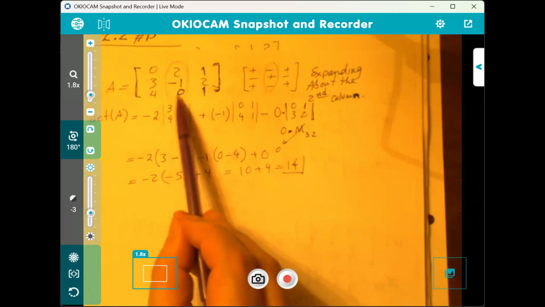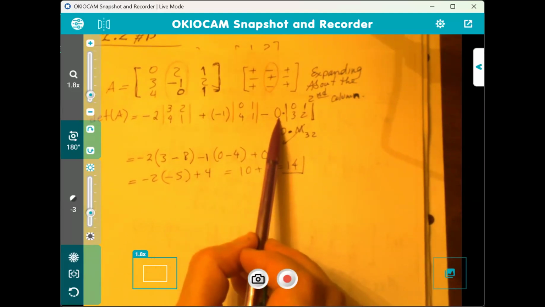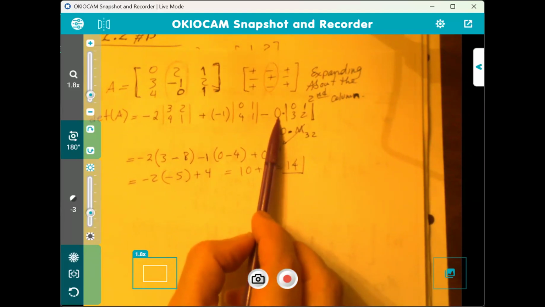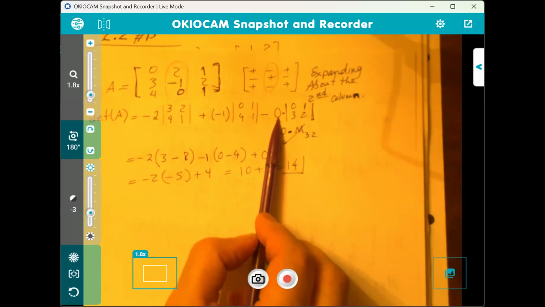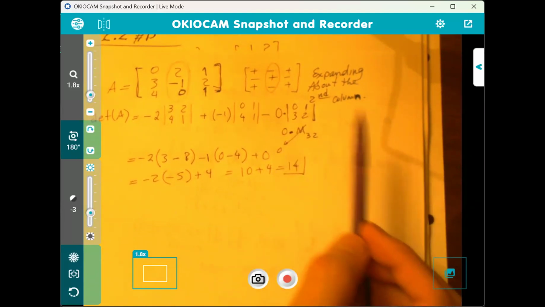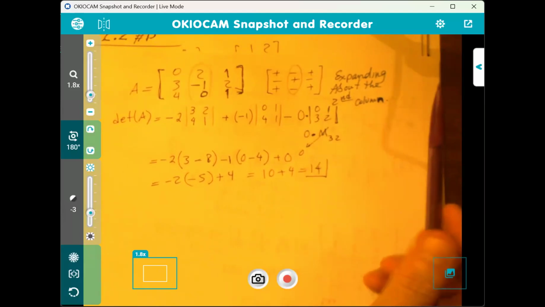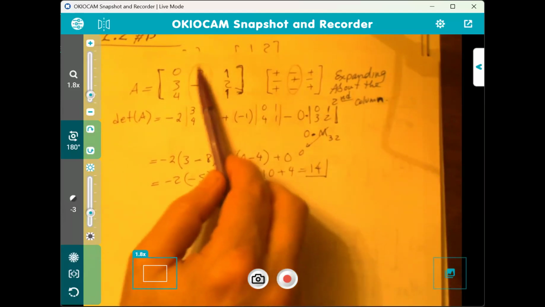Right, it's because of the 0, right? So if we were to do this by hand, you want to expand about the row or column with the most number of zeros. Because for those elements, you don't even have to find the minors. You just say, oh, that's just 0. 0 times any minor is 0.